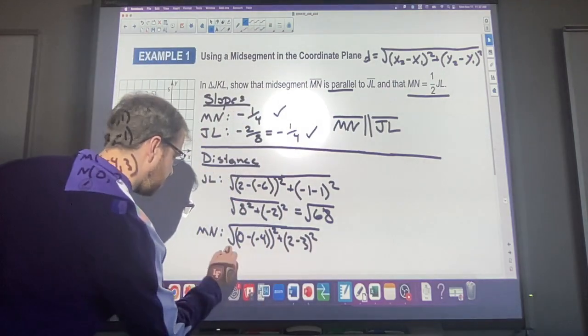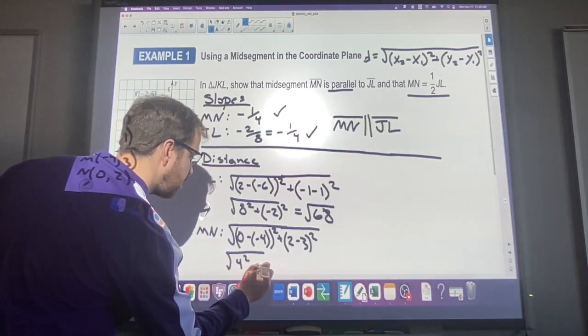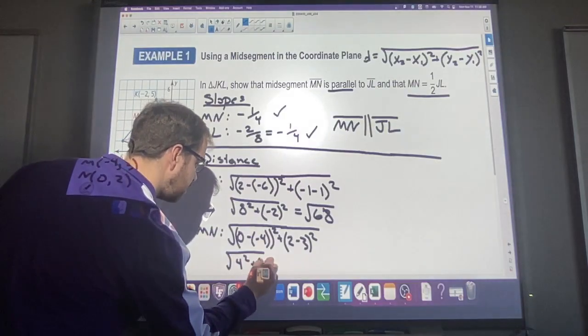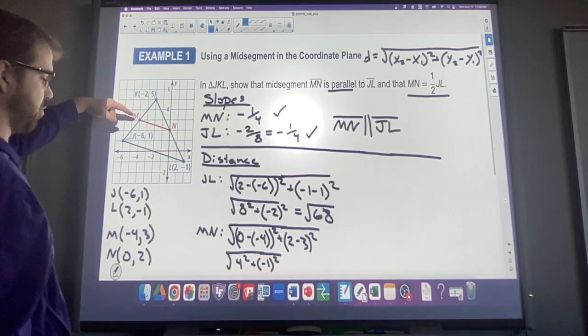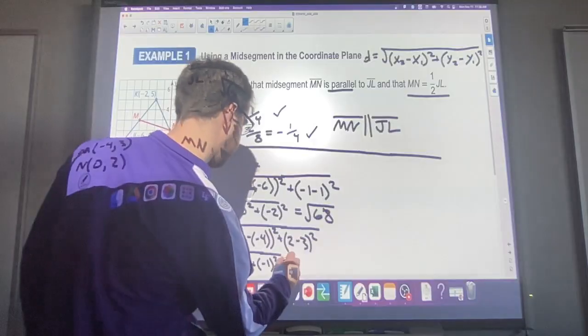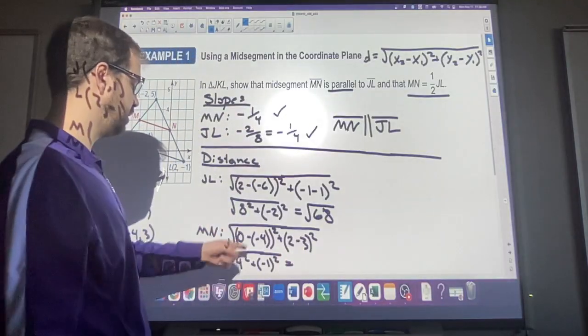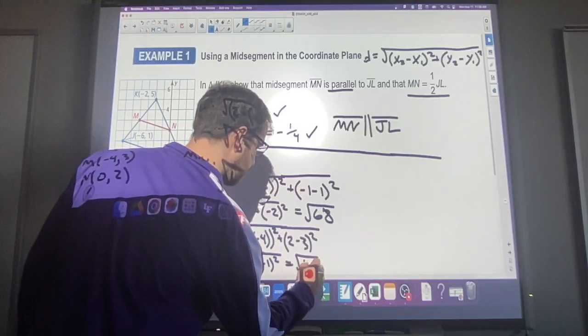All right, I get the square root of 4 squared plus negative 1 squared. Does that make sense? I'm going down 1 over 4, so it all checks out. This will be 16 and 1. So I got the square root of 17.